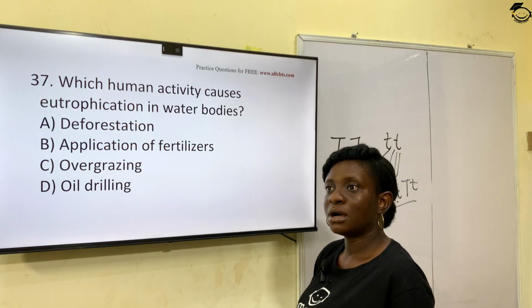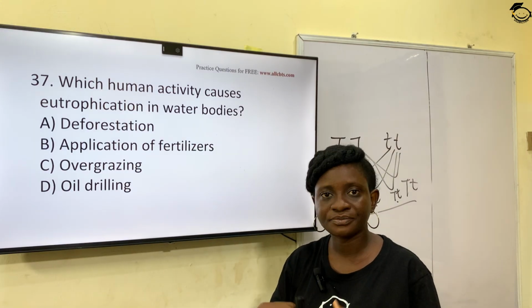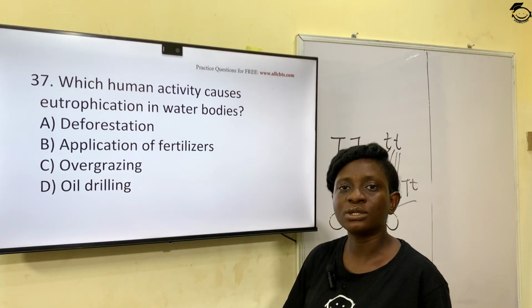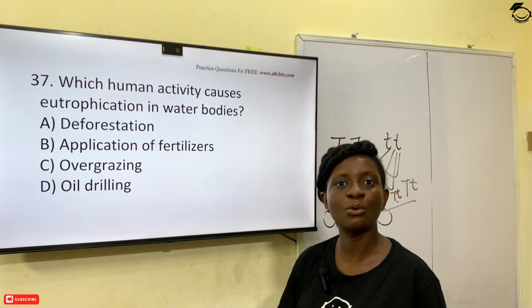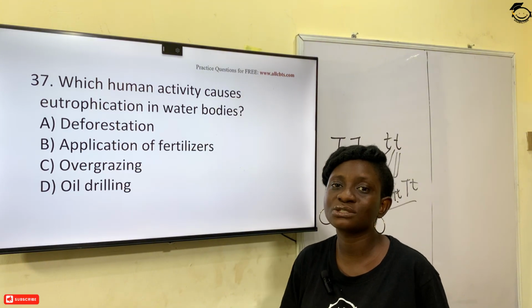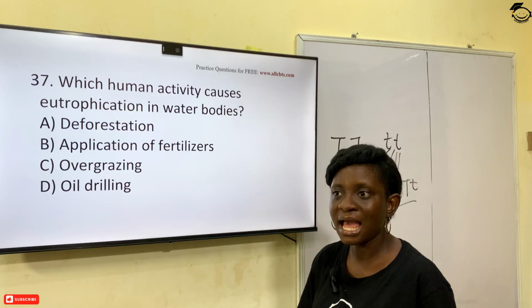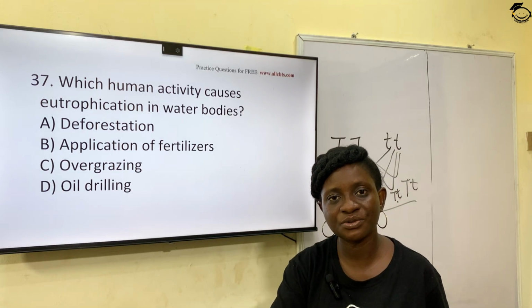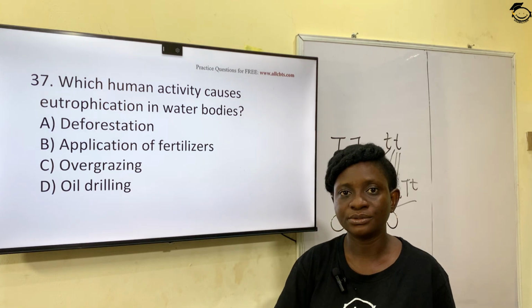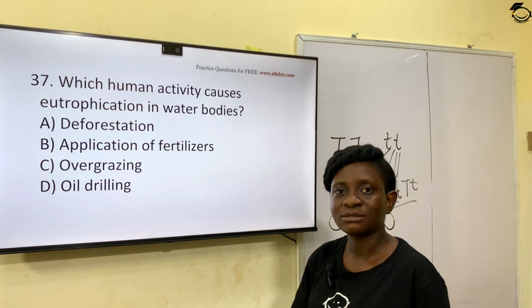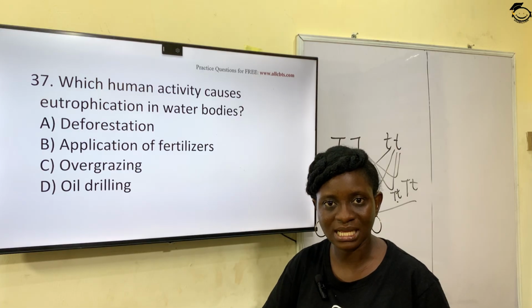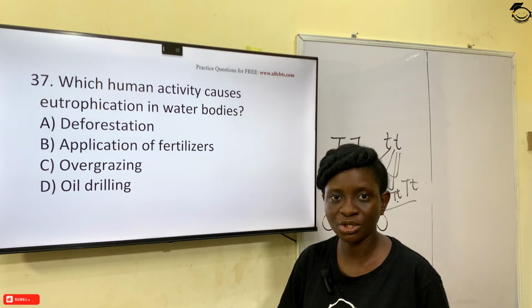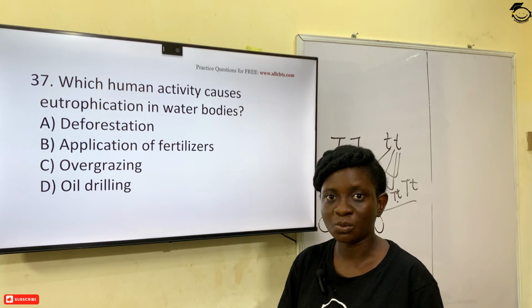Eutrophication means there's too much of nutrients in a water body, or the water body is polluted. Too many nutrients in the water lead to the formation of green algae on water bodies. And once this algae covers the water, there will be low oxygen in the water.